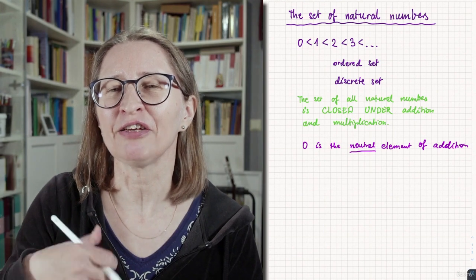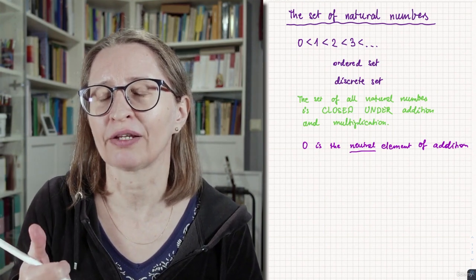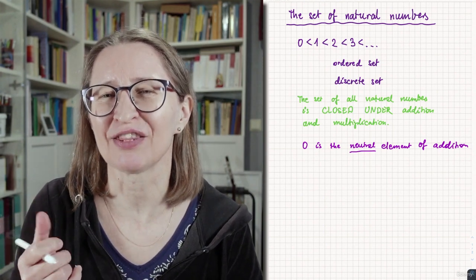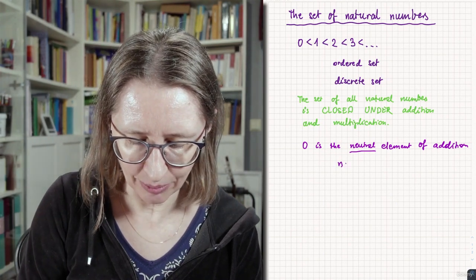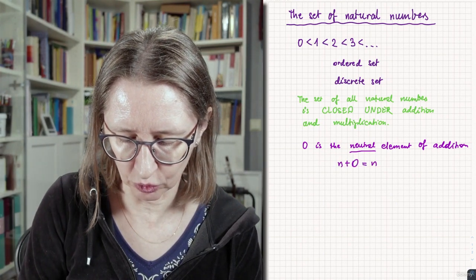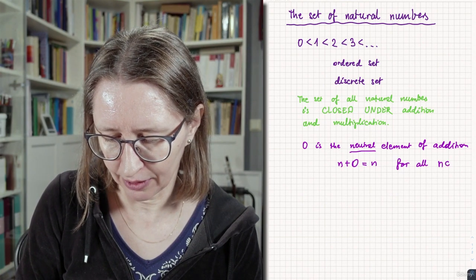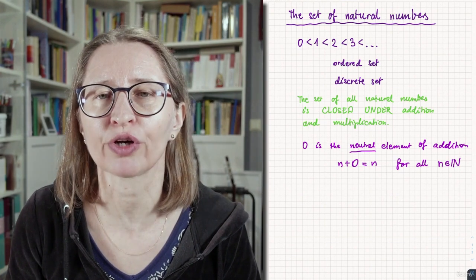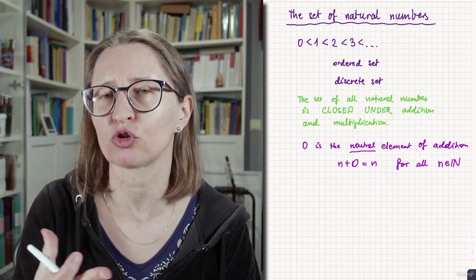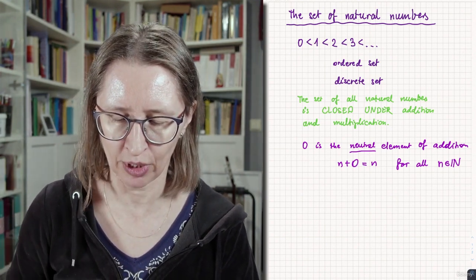That if added to any natural number, it will not change this number. So n plus 0 is equal to n for all n in the set of natural numbers. This is the meaning of being a neutral element of addition.